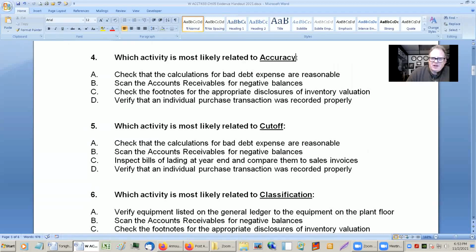And this one is not for overall accuracy. This is for individual transactions. You never say that the financial statements are accurate.